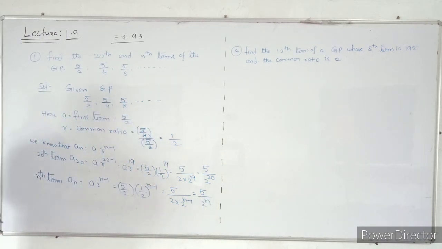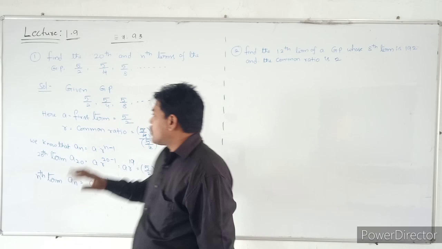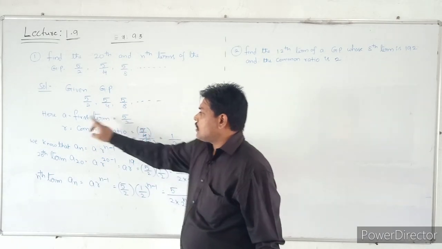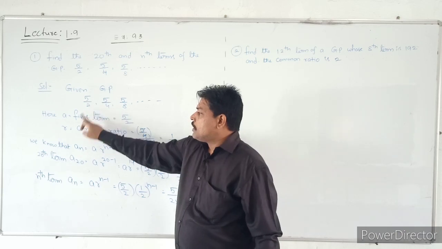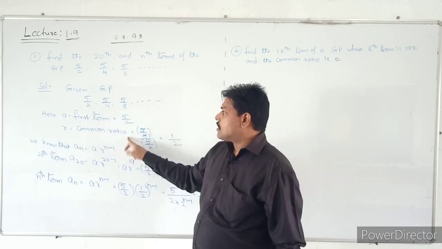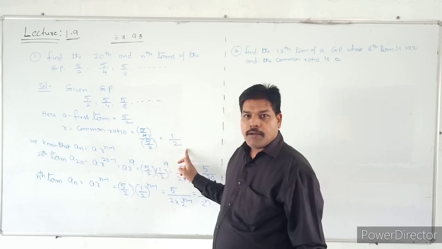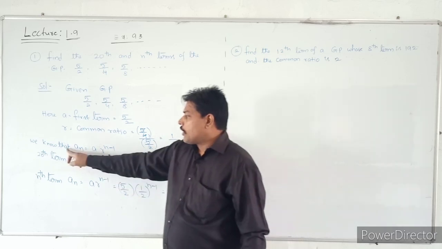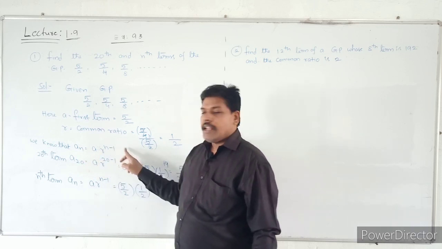Check this once again. First I take the given geometric progression. The first term A is equal to 5 by 2. R is the common ratio, that is A2 by A1, so 5 by 4 by 5 by 2 becomes 1 by 2. Already you know the nth term formula in GP is A into R power n minus 1.